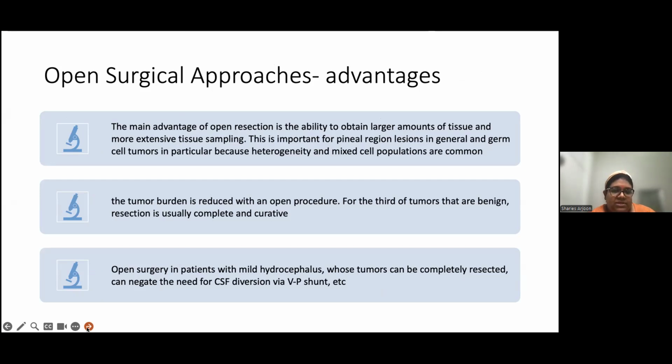The tumor burden is reduced with an open procedure, and for the third of tumors that are benign, resection is usually complete and curative. Open surgery in patients with mild hydrocephalus whose tumors can be completely resected can negate the need for CSF diversion via VP shunts.